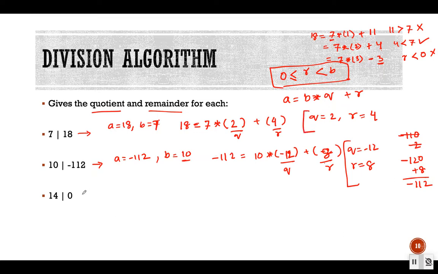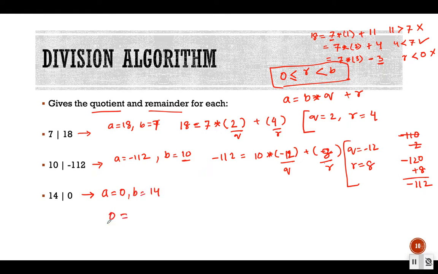Now let's find out this one. That's also a special case where a equals 0. Our divisor cannot be 0 in the division algorithm, but a can be 0. So here a equals 0 and b equals 14.